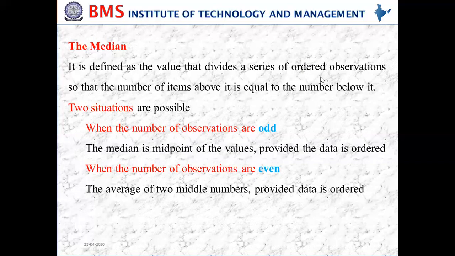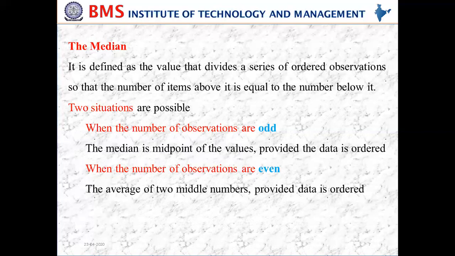So it is defined as the value that divides a series of ordered observations. If you collect the observation data, you need to put it in ascending or descending order. Then the value which divides the observations into two parts, such that the number of items above this number is equal to the number of items below this number, is what you call the median.